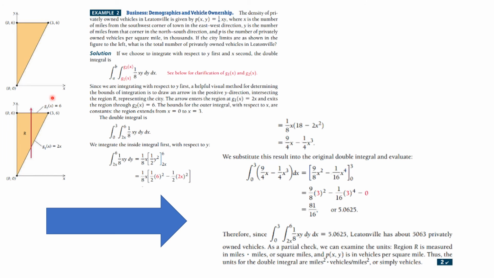Then, we've calculated the inner one, so now we're going to integrate from a to b that answer. So this was the answer. We integrate from 0 to 3 because the x value goes from 0 to 3. So we integrate this. 9 over 4 can factor it out. We add 1 to the exponent, divide by the new exponent.